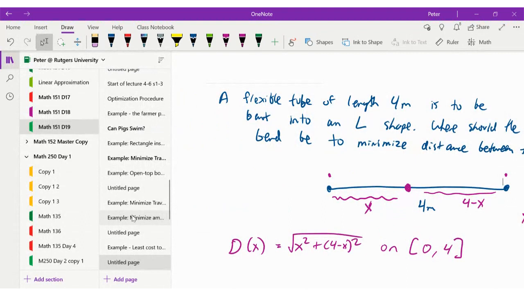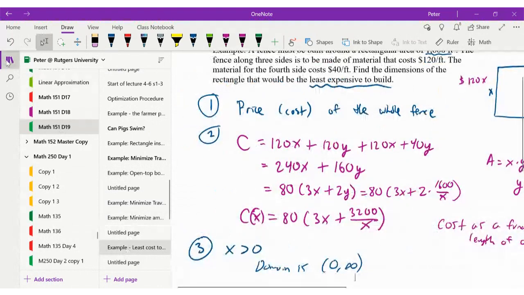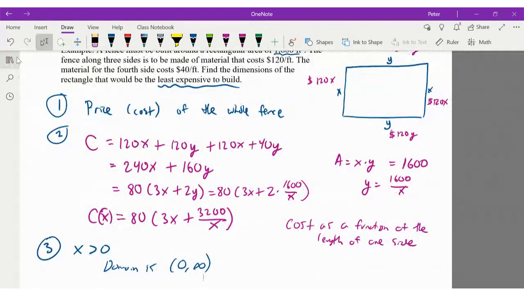So, okay. Let me go back to the question about the rectangle and the farmer. So how is it a closed domain in the farmer problem, but not this one? So basically, it comes down to the physics of the problem.